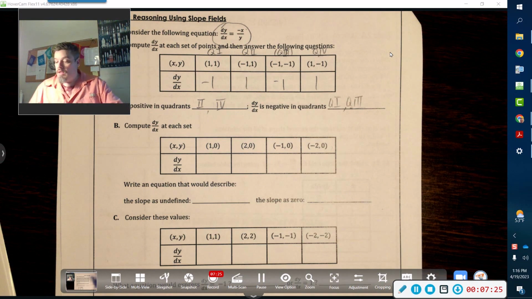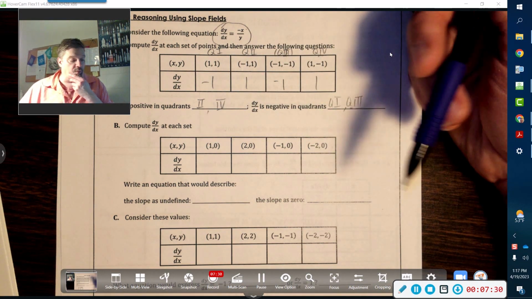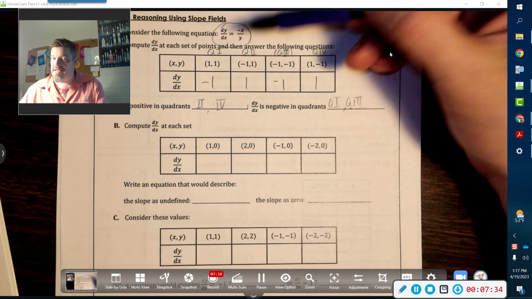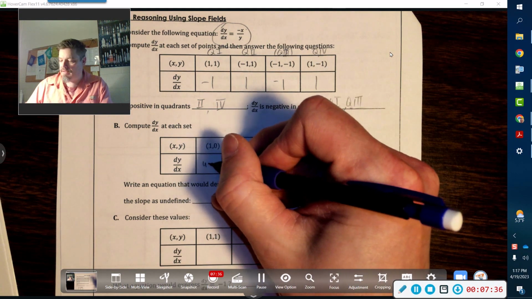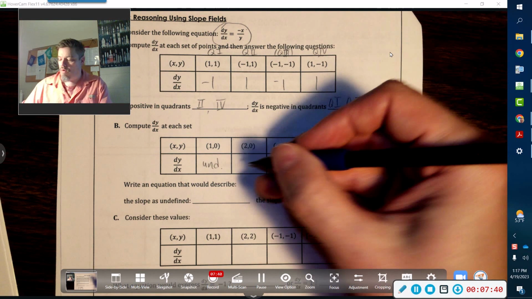All right. So next, let's just say that we got 1, 0. What if we got 1, 0? If we put a 1 in here and then a 0, oh, nope, that's no good. Undefined. Looks like we've got undefined for each one of these.